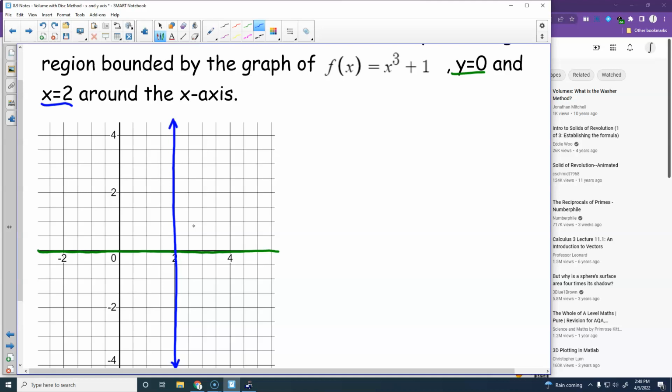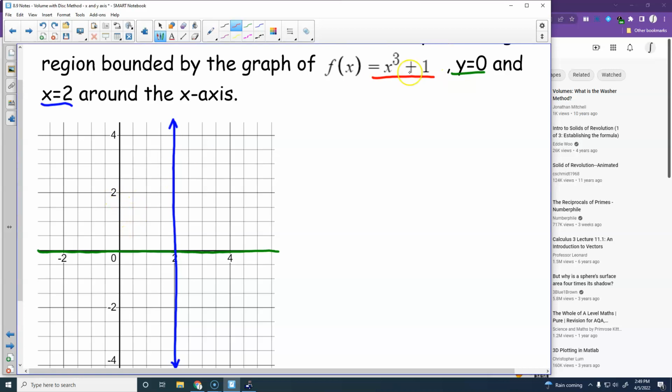All right. And so x to the third plus 1, it's the cubic shape, that squiggle there. So you can also just plug in numbers.